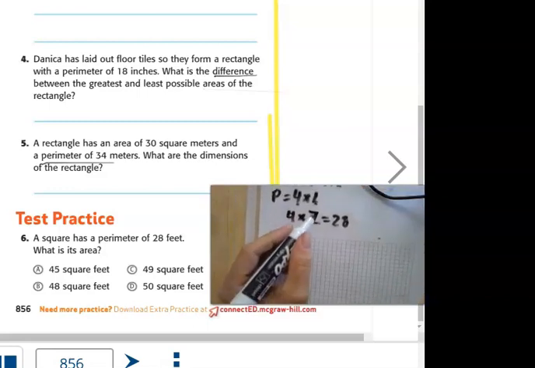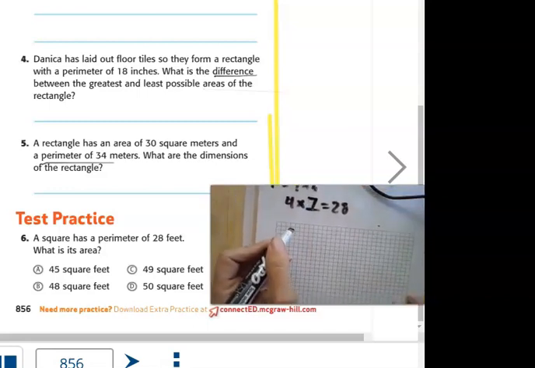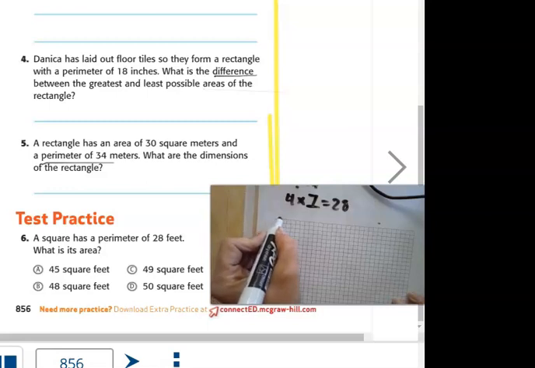So now I know I've got a shape that is 7 units on each side.